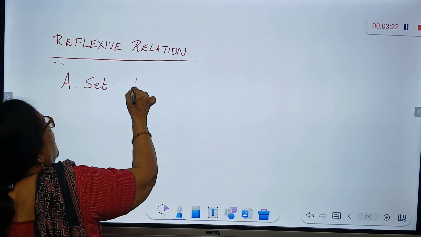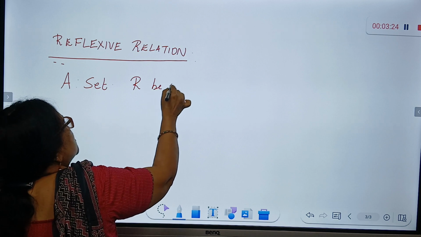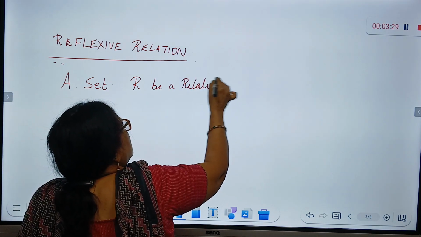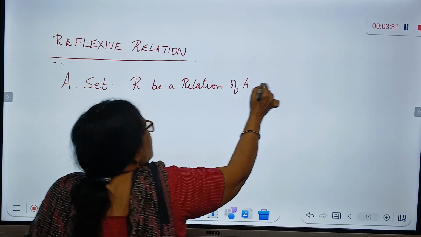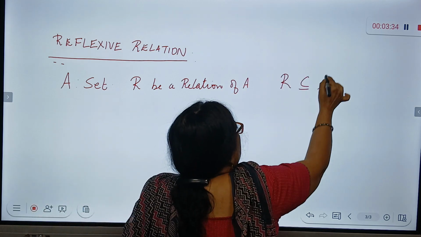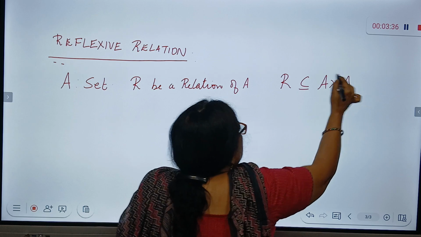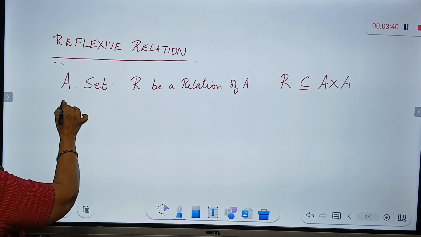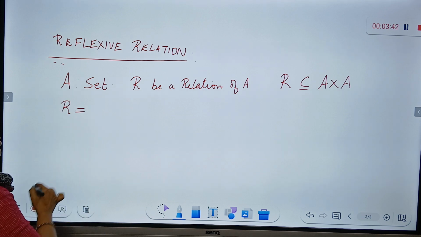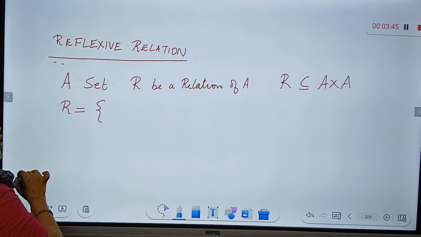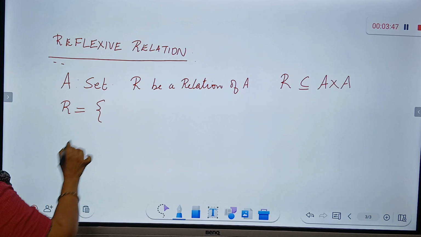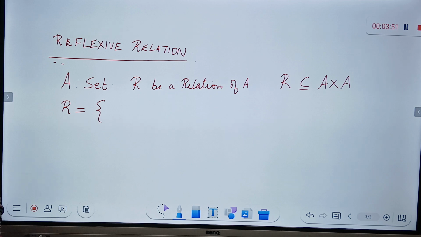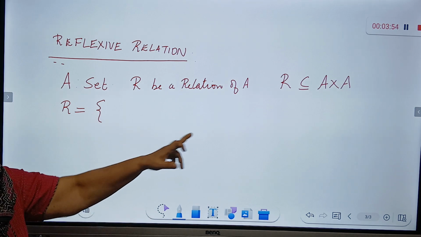Let R be a relation on A. That means R is a subset of A cross A. Now, this relation R is called reflexive if all elements of the form (x, x) belong to R, because we are looking at R contained in A cross A.